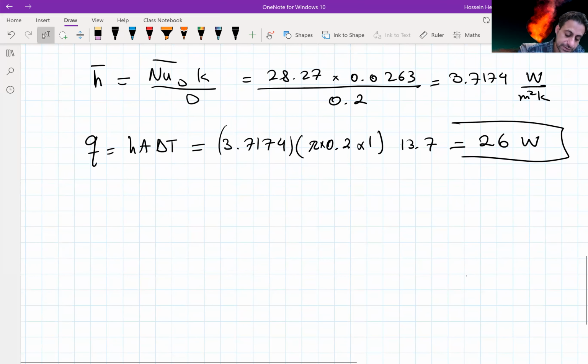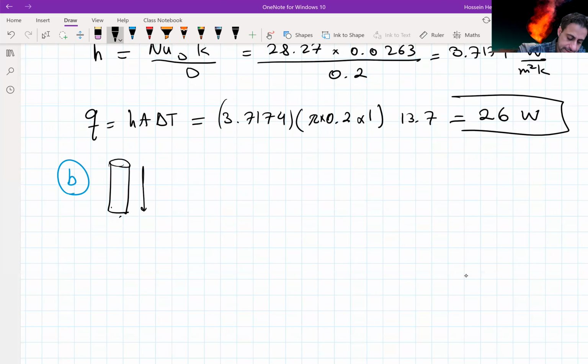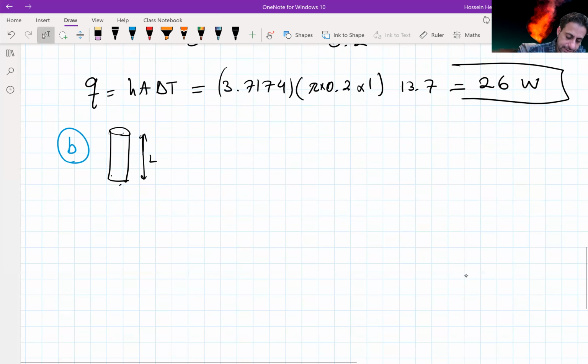Now for part B, if we put the pipe in the vertical direction, let's see what the heat transfer would be when it's vertical, and this is, let's say, L. Then let's evaluate the Grashof number of L based on that.